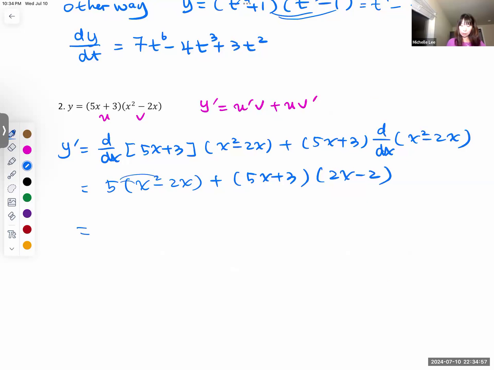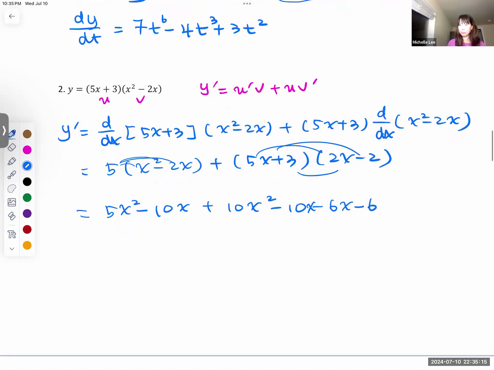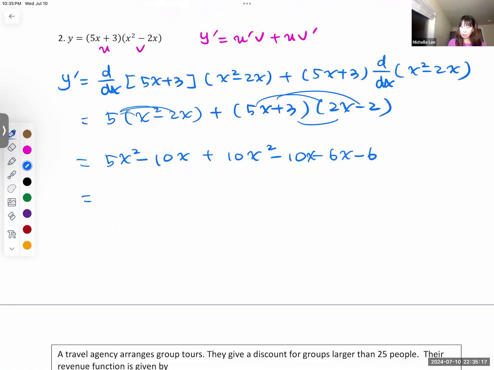Distribute 5x to the second power, 10x, and plus 10x to the second power minus 10x, 6x minus 6. Yeah. Okay.